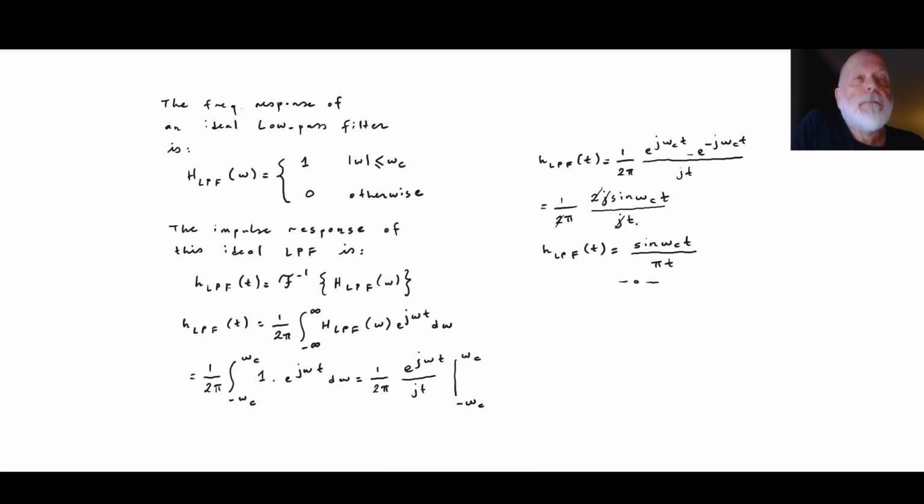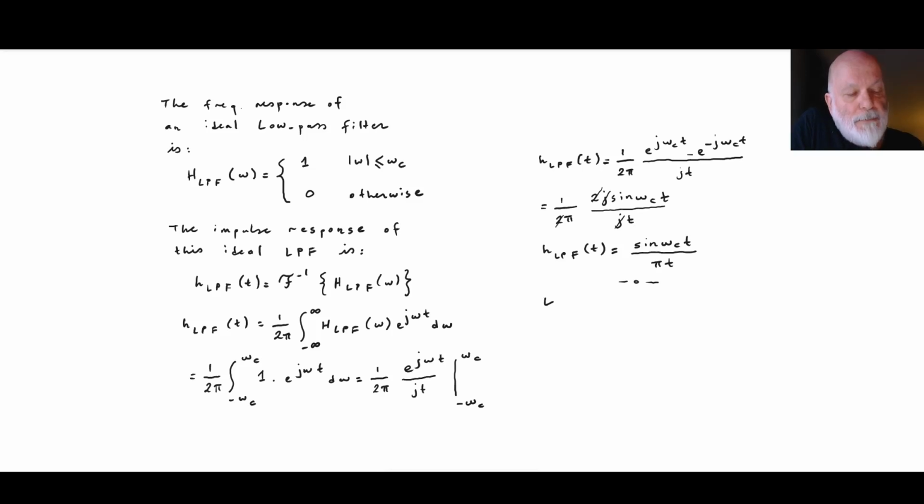Now, let us consider a signal x of t which is band limited. In other words, x of t will have a Fourier transform which is non-zero in a band of frequencies, and outside this band the Fourier transform will vanish.